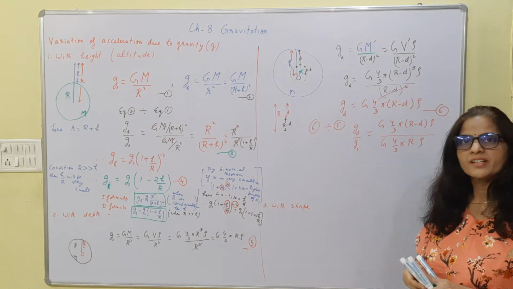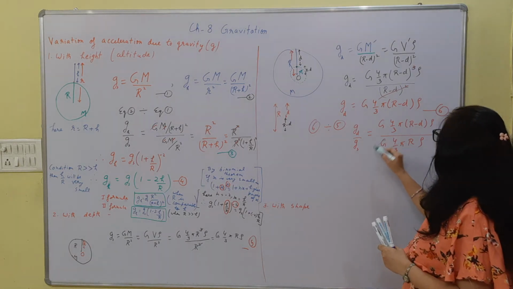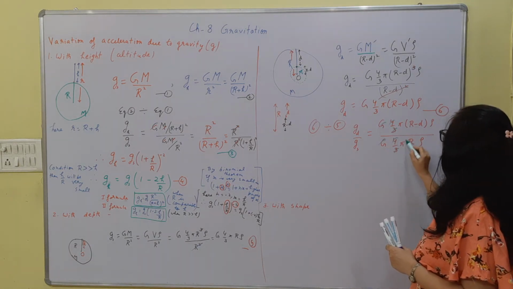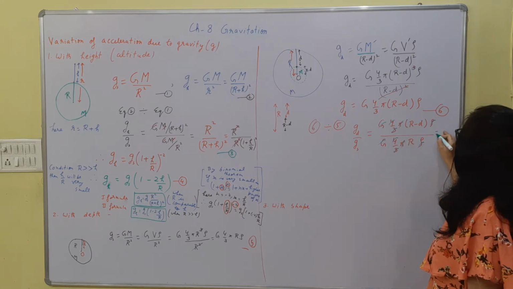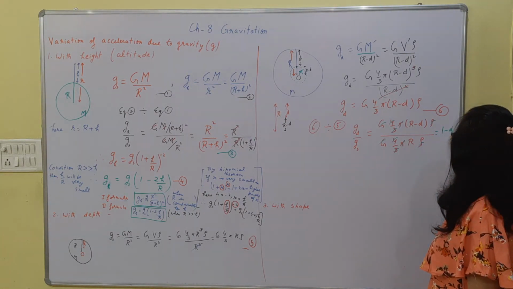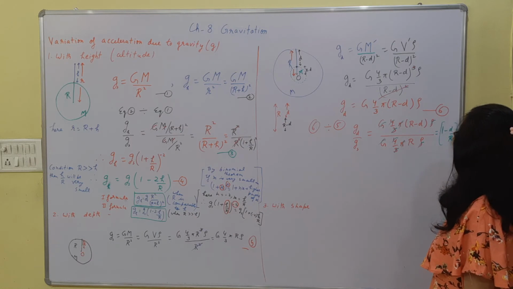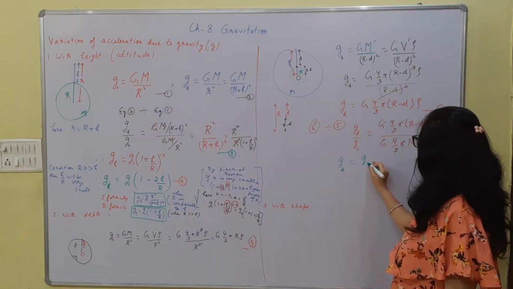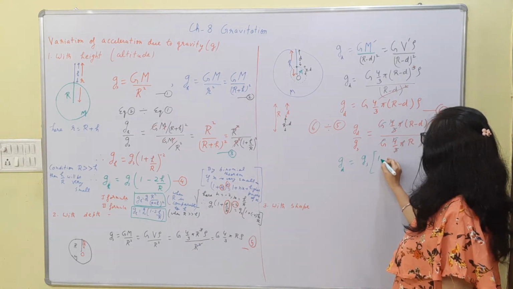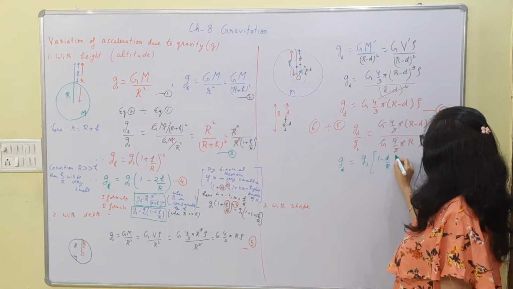Let's cancel whatever is possible to be cancelled. So I can write it 1 minus d upon R. From here, g at depth will be g at surface into 1 minus d upon R.